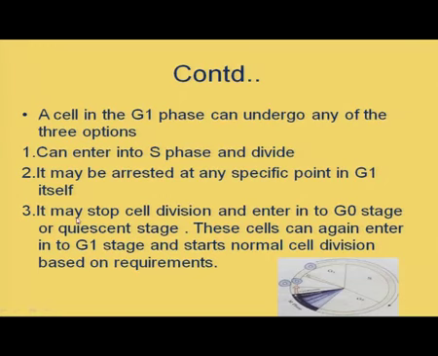The third option is, it may stop cell division and enter into the G0 stage, and that G0 stage is known as the quiescent stage, the inactive stage. These cells can again enter back to the G1 stage, and start just like a normal cell depending upon the requirements. So, a cell in G1 phase can adopt any of the 3 options.